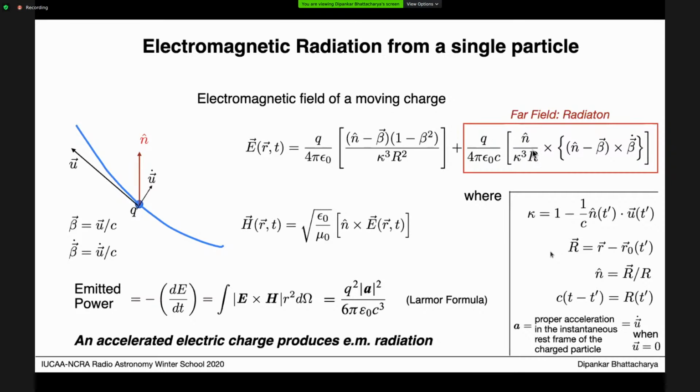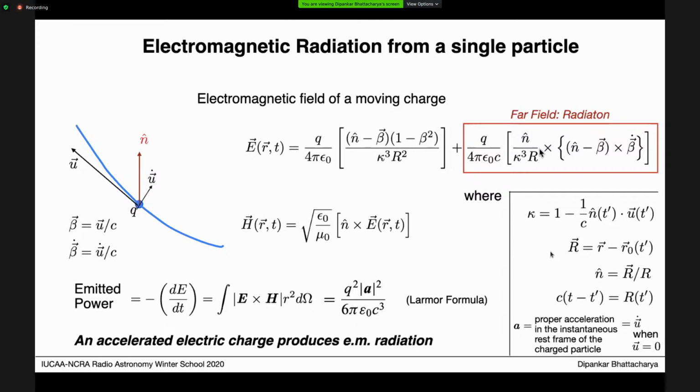The interesting thing is that this term has a 1 over r dependence, unlike Coulomb field, which has 1 over r squared dependence. So that means if you go further away from the charge, this term would become dominant compared to this term. This is going to keep dropping as 1 by r squared. This is going to keep dropping as 1 by r.